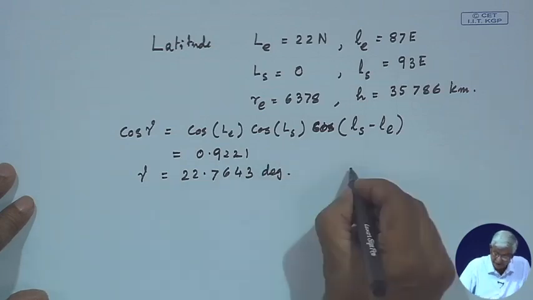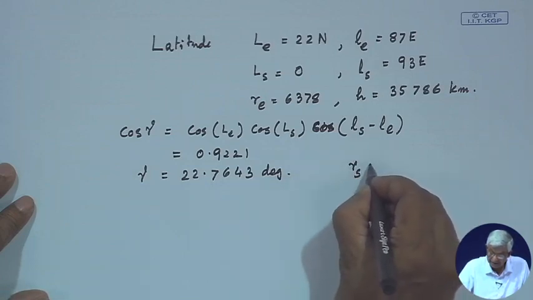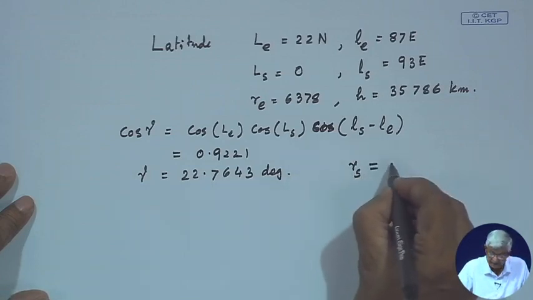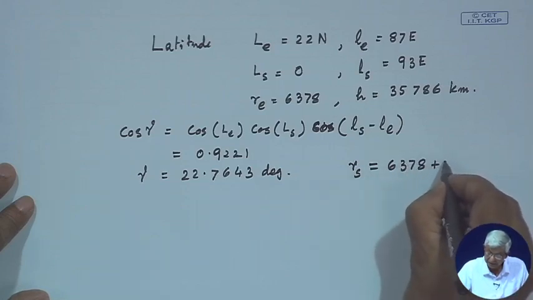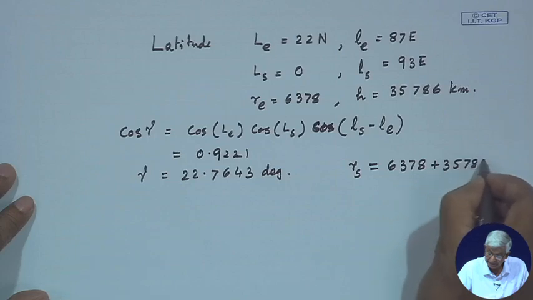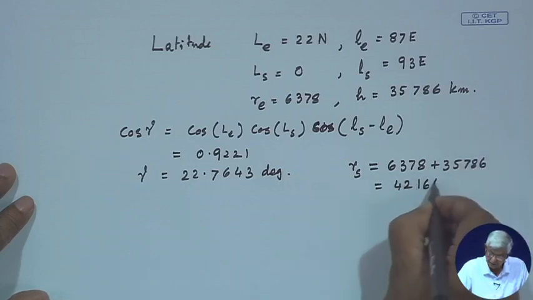Now, R S, that is from the center of the earth, the distance of the satellite is earth radius plus the height, which is given 35786. So, that is 42164 kilometer.